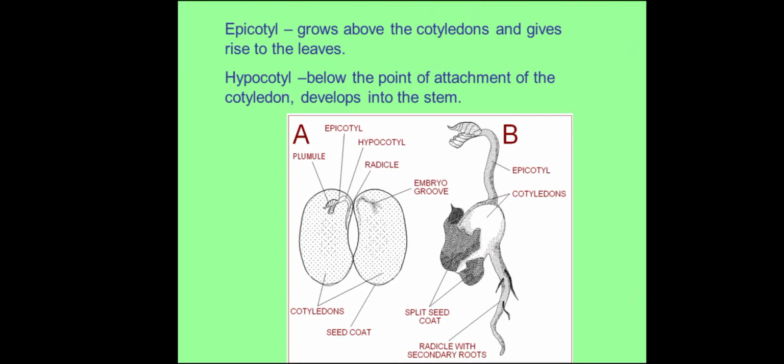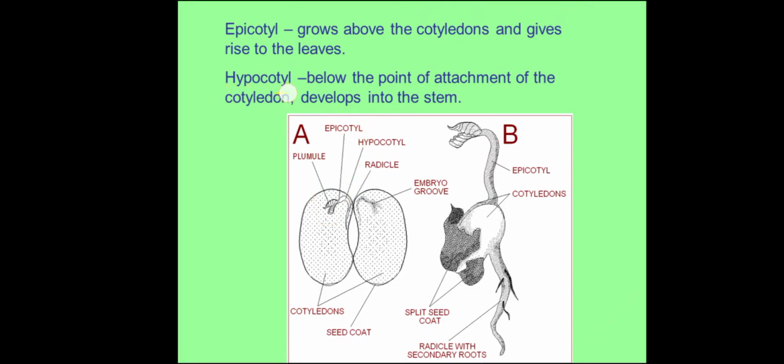Now, epicotyle means it grows above the cotyledons, alright, and gives rise to the leaves. So, this one is the plumeal part.